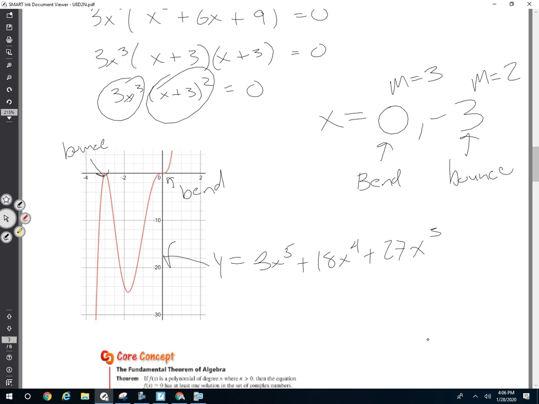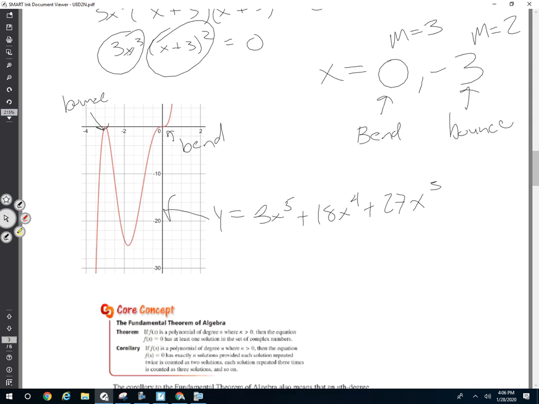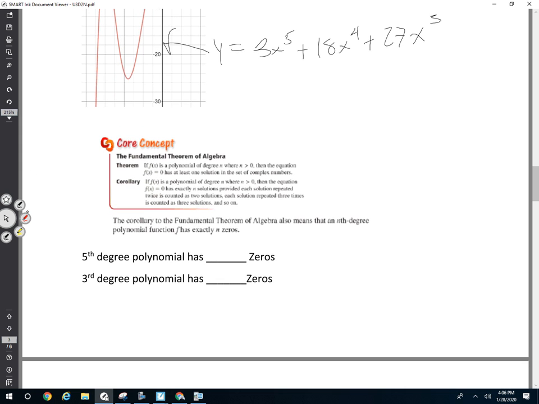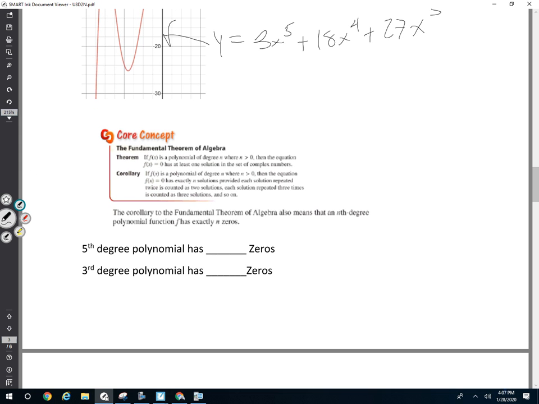Now, one thing that is extremely important: if you have a specific degree of a polynomial, you are guaranteed to have the same number of zeros if you count the multiplicities.